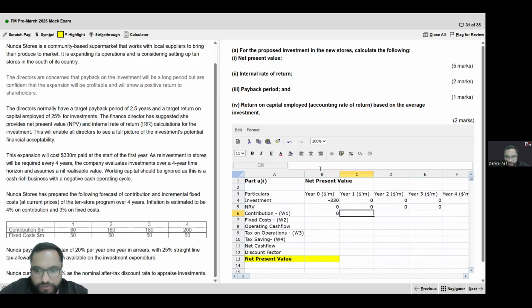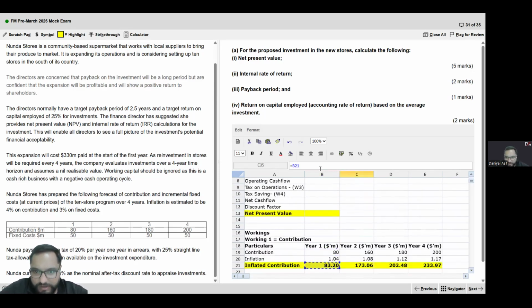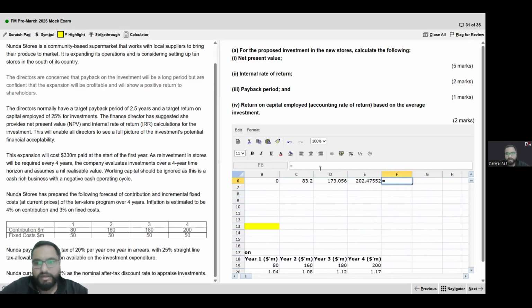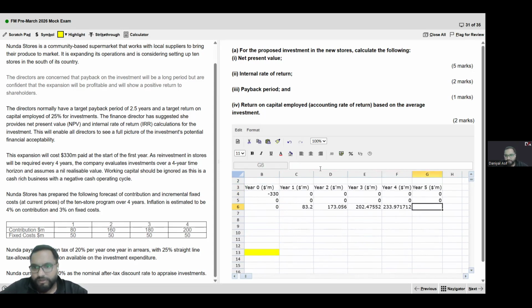So now year zero is zero, year one we're linking here, is equal to C21, B21, C21, D21, and E21. And for year five, zero.